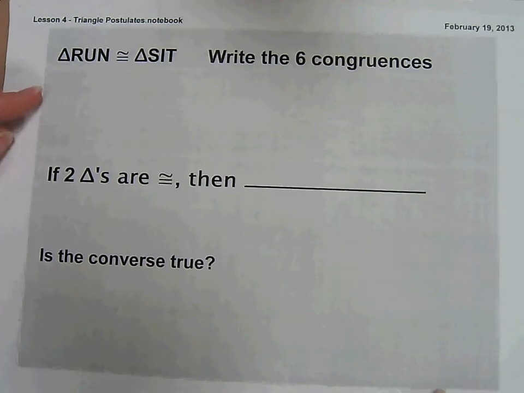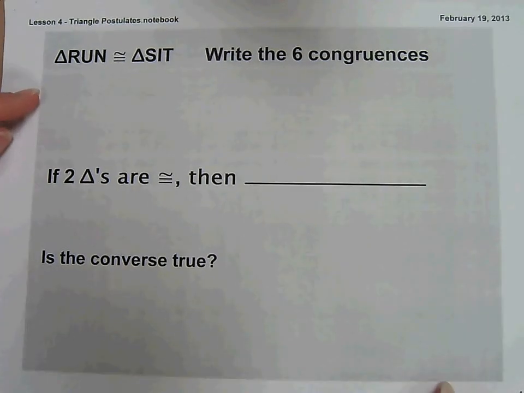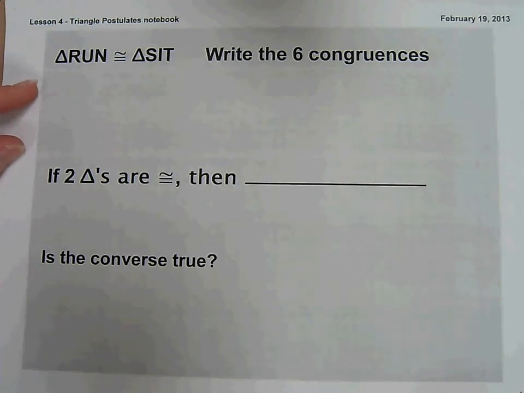So if we have triangle RUN congruent to triangle SIT, I don't think run's congruent to sit, but that's beside the point. So we have triangle RUN.